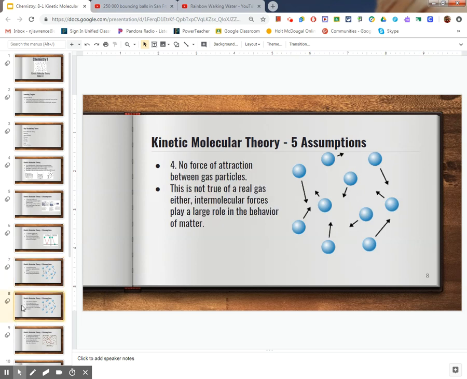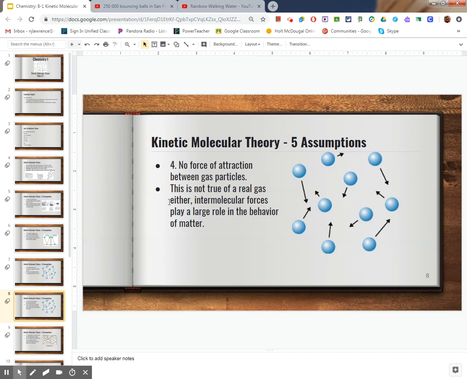The fourth assumption is that there are no forces of attraction between the gas particles, or in other words, there are no intermolecular forces happening here. The way we can overcome intermolecular forces is by increasing the energy, thus making these guys move faster and faster and faster, because the faster these particles move, the quicker they can bounce off each other and not give their intermolecular forces time to respond or to show up.